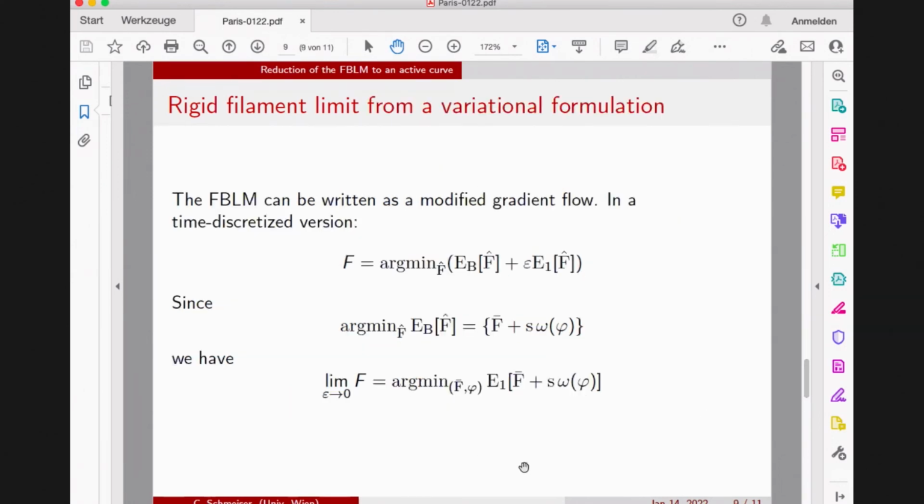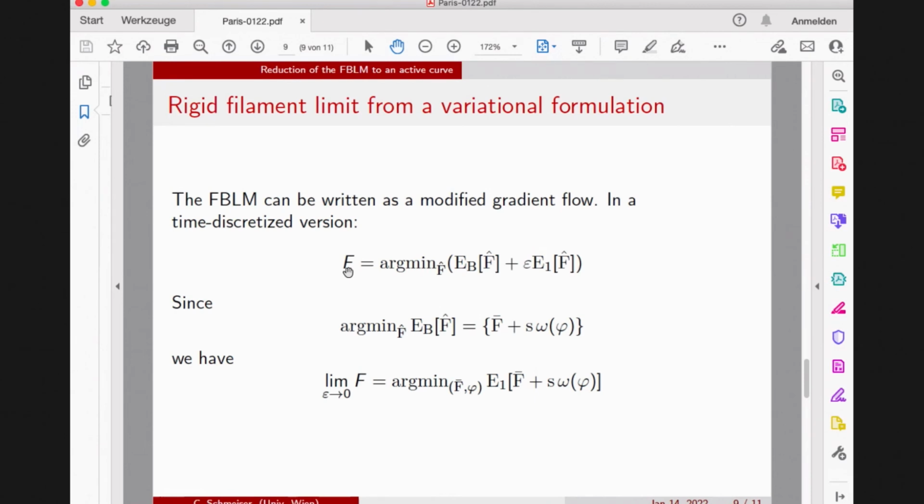However, there is a downside to this, but maybe first I talk very briefly about a different way of doing this. Actually, the whole model comes from a variational formulation. And the whole model can be written in a variational formulation if you do an appropriate time discretization of the friction terms.